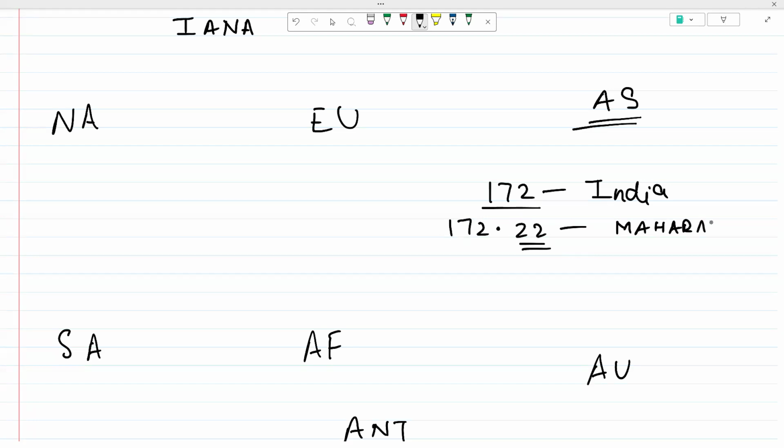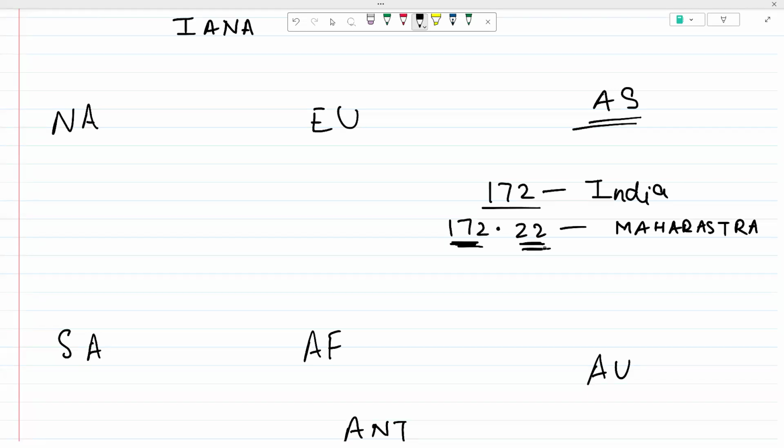Any user who belongs to Maharashtra will have an IP address that starts with 172.22. So 172 was for all the countries in Asia, and 22 is for all the users inside Maharashtra. It can be Pune, Bombay, Nagpur. There are so many different places in Maharashtra. All of them will have an IP address 172.22.